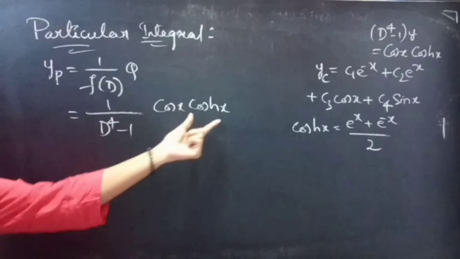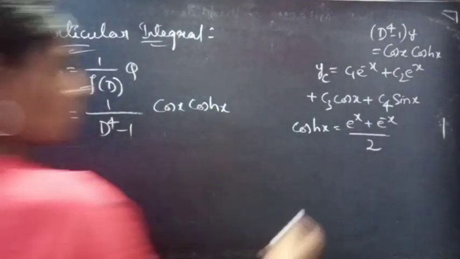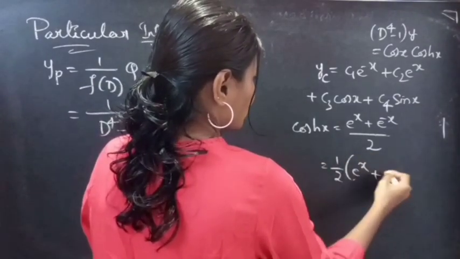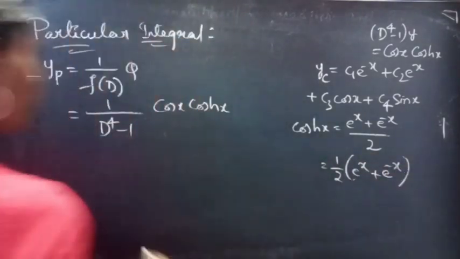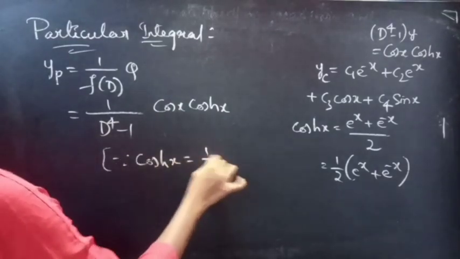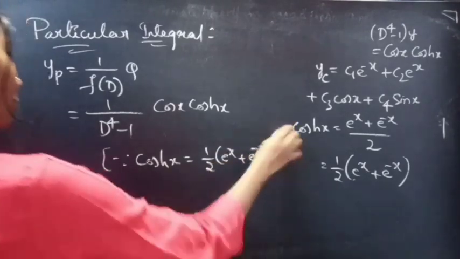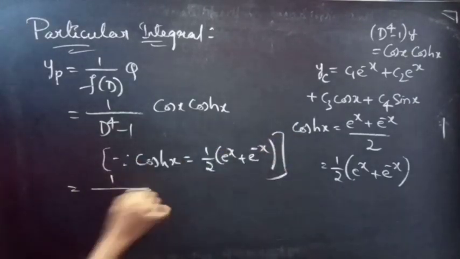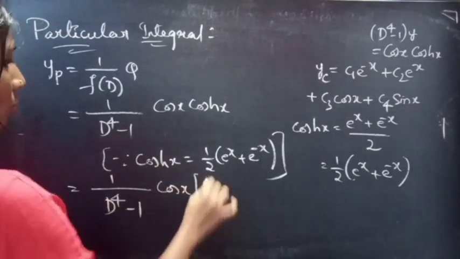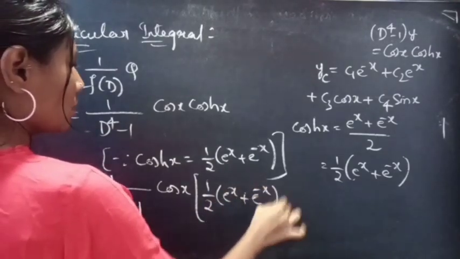Let's replace cosh x with 1 by 2 into e power x plus e power minus x. Then yp becomes 1 by d power 4 minus 1 into cos x into 1 by 2 into e power x plus e power minus x, right?